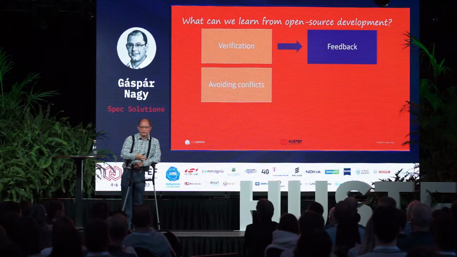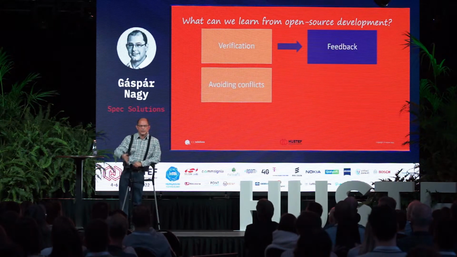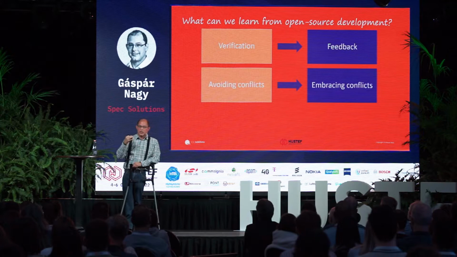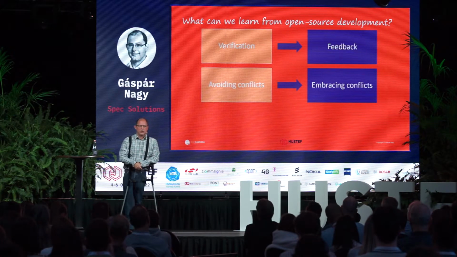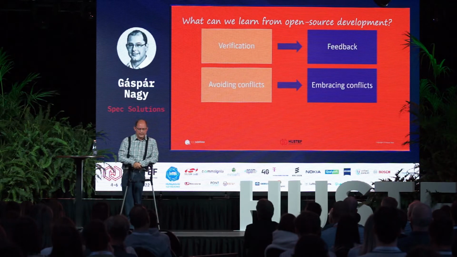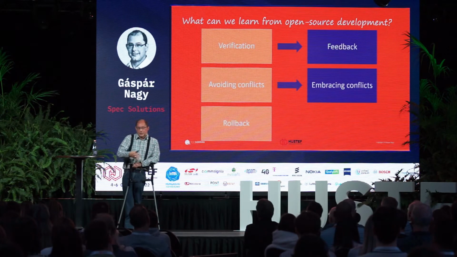Instead of avoiding conflicts and trying to work as long as possible alone, and only at the end trying to see how that works together, open source projects are encouraging conflict by this early validation and through the pull request concept.